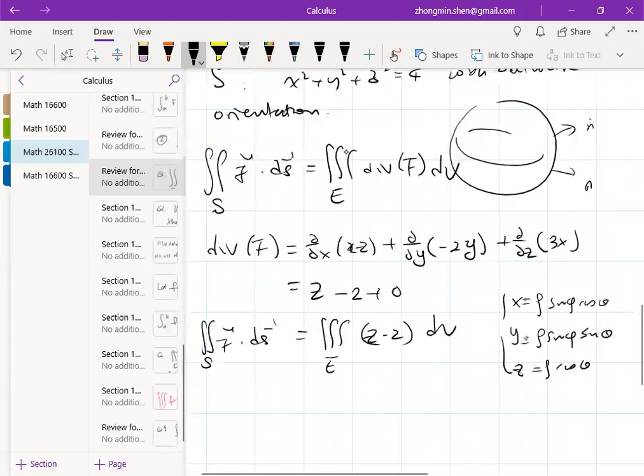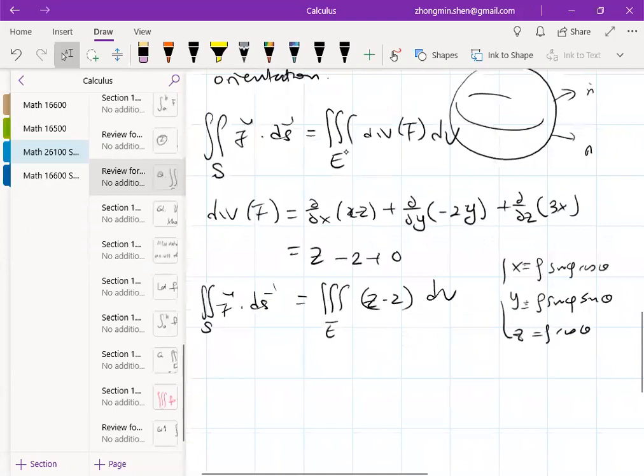And then the Jacobian, which is rho squared sine phi. This will be a 3x3 matrix.